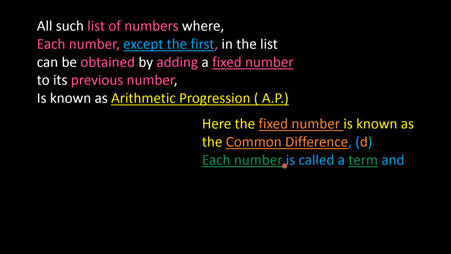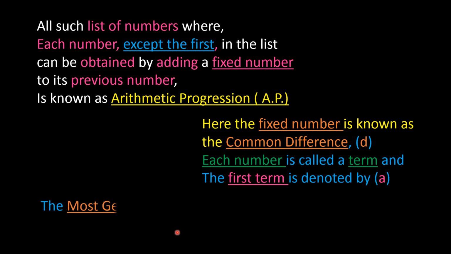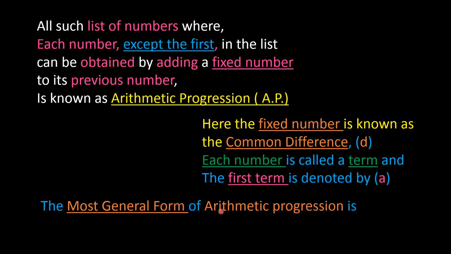Each number is called a term, and the first term is denoted by small a. The most general form of arithmetic progression is a, a plus d, a plus 2d, a plus 3d, a plus 4d, and so forth.